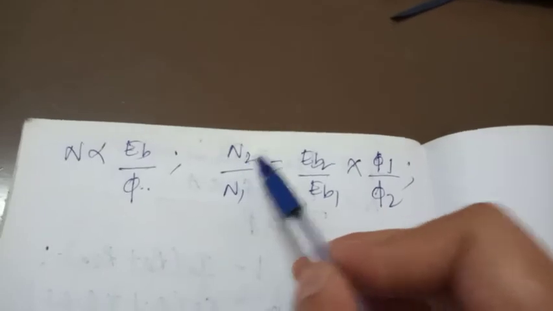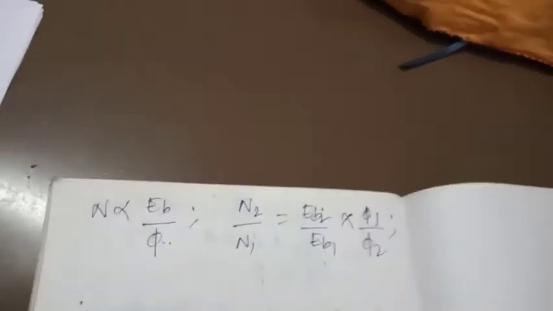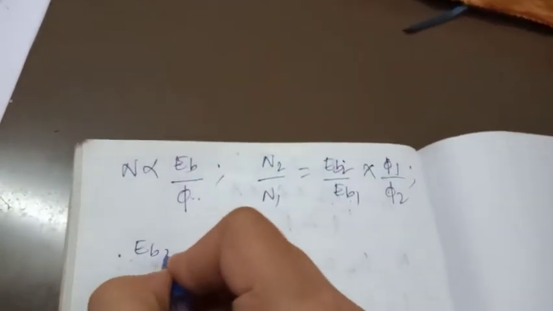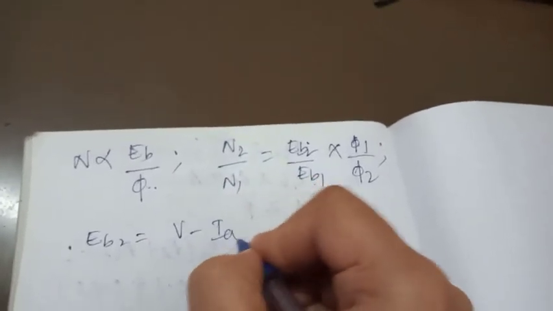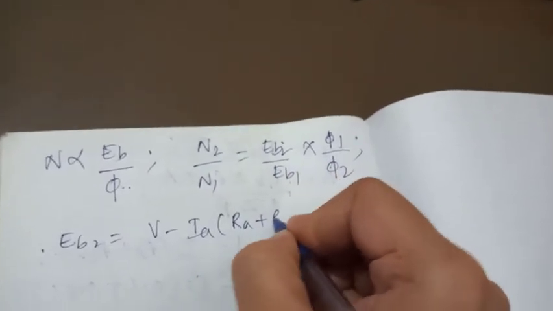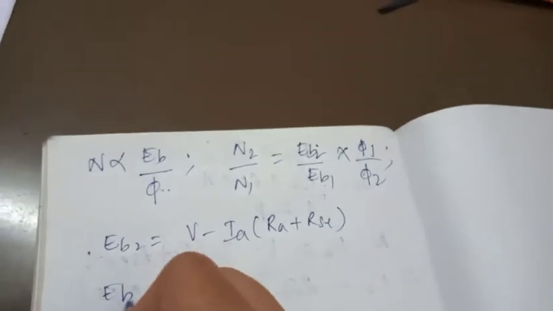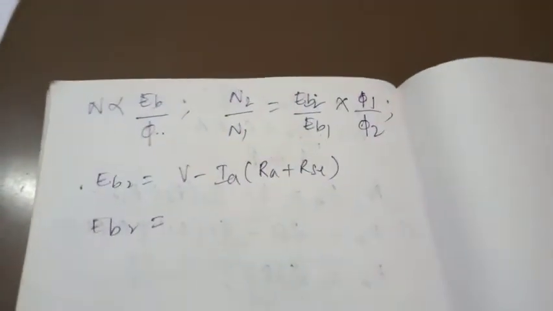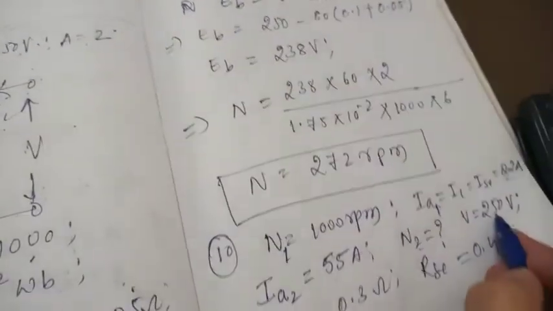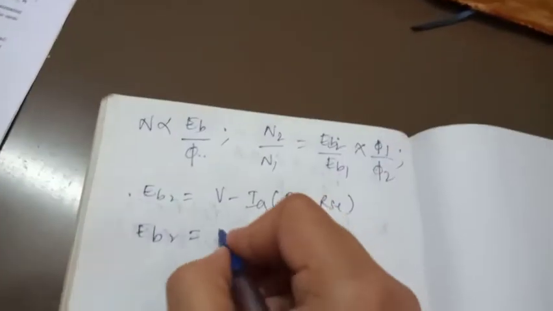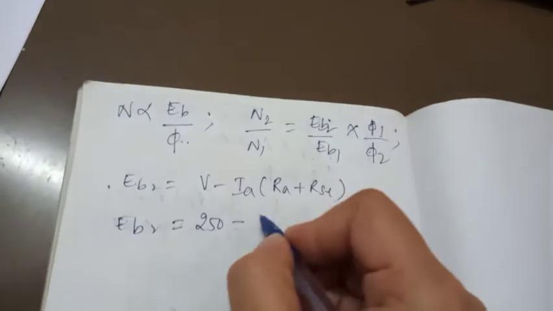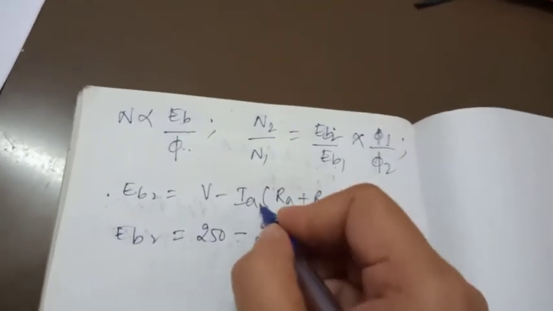To calculate N2, I should have EB2 and EB1. Let me calculate EB2 first. EB2 is equal to V minus IA into RA plus RSE. V value is 250 volts, minus IA2, which is equal to 55 amps.